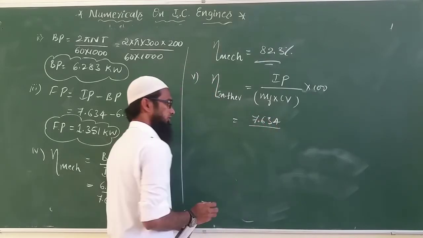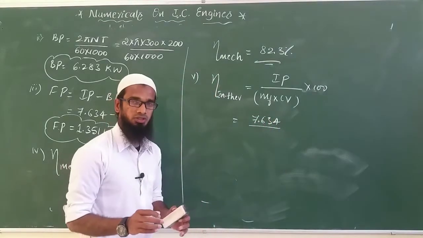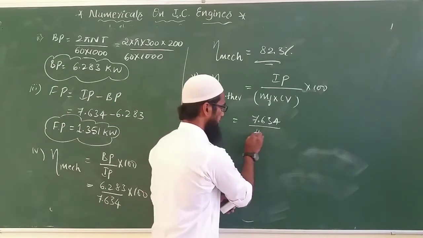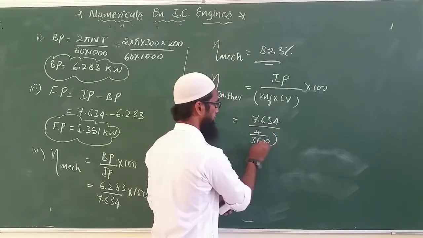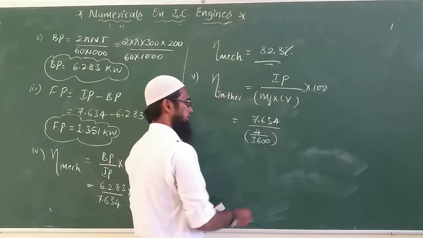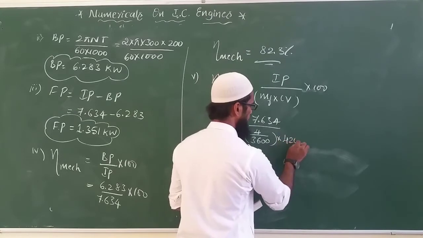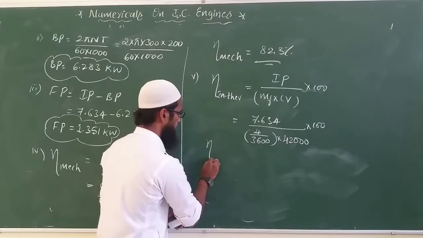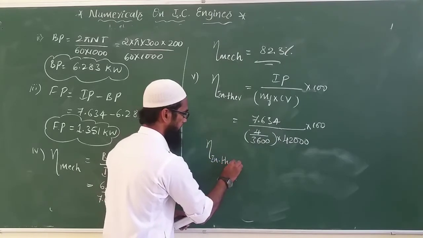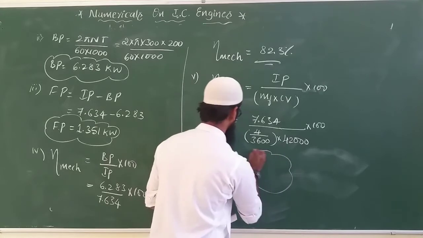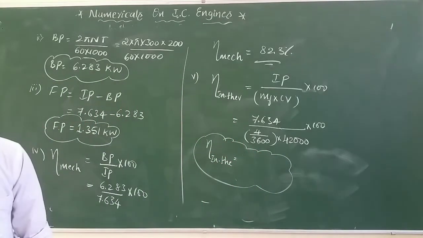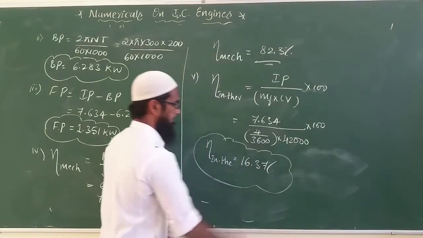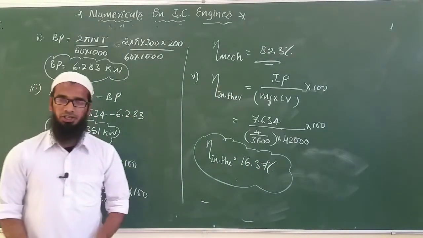Mass of the fuel is 4 kg per hour, but converting to seconds it is 4 by 3600, and the calorific value is 42,000. Calculating, the value we get is 16.37%. So this is our indicated thermal efficiency.